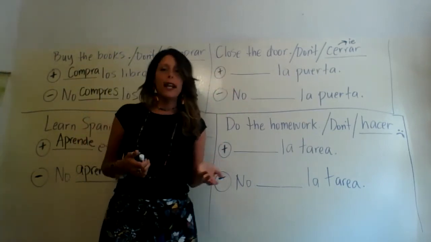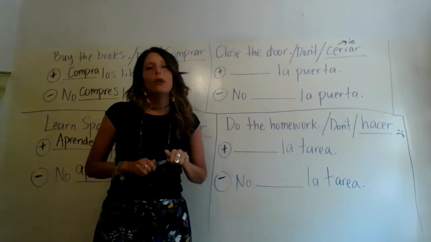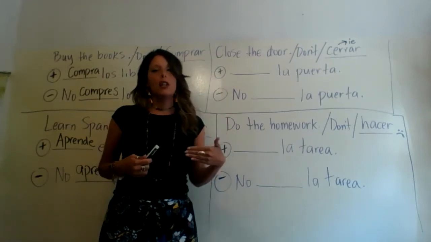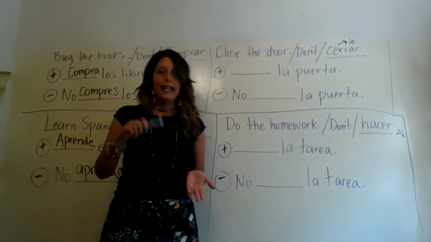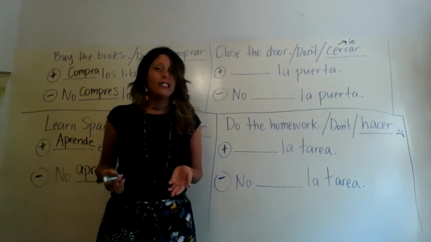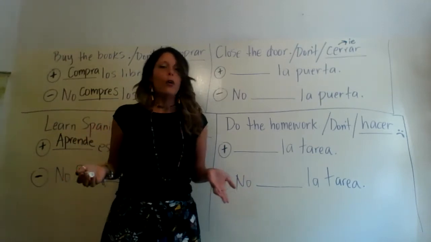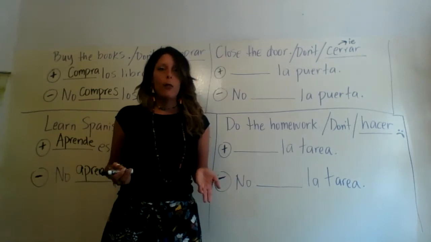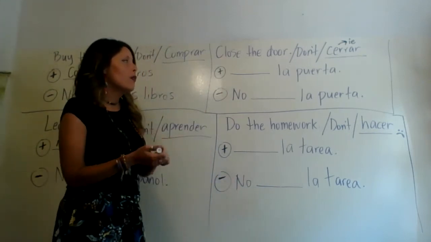Or if we like option two better, we would take the tú conjugation, cierras, and are we done? No, we'll have to drop the S from the end. But whichever way we decide to do it, we end up with cierra. And so that is our affirmative informal tú command.